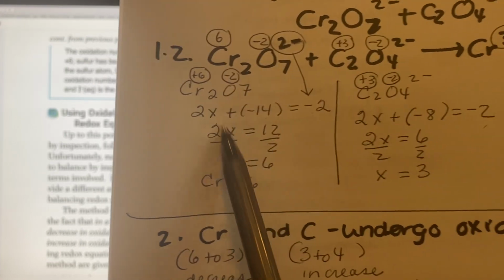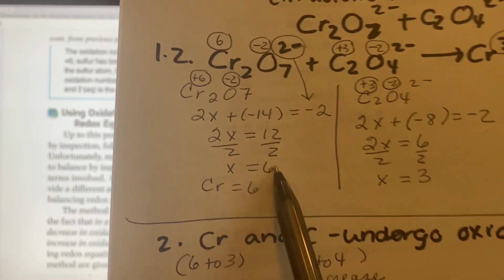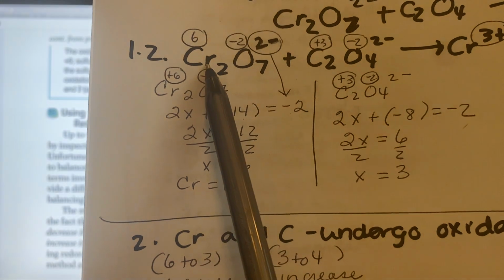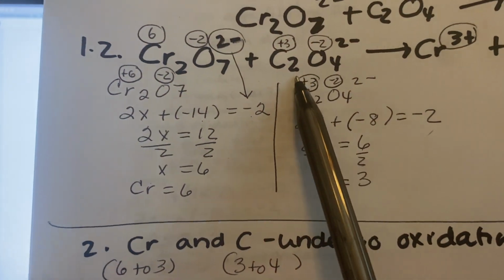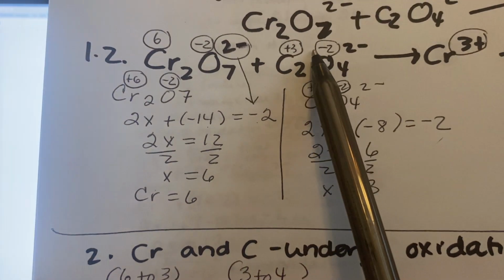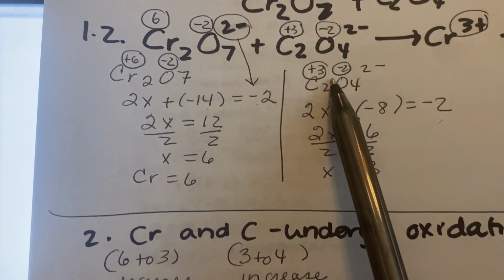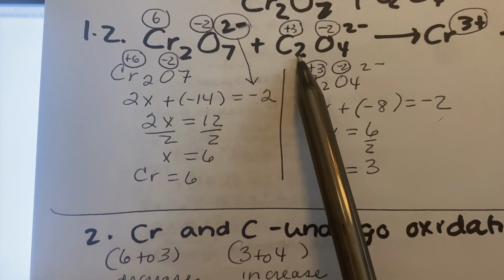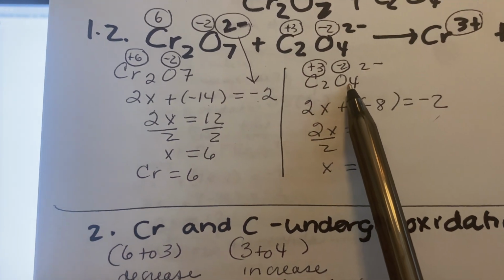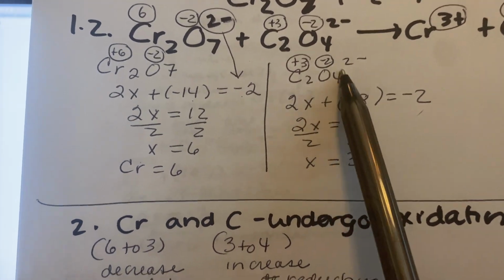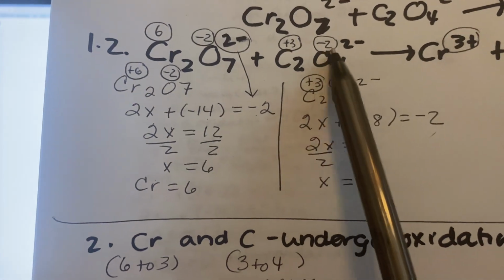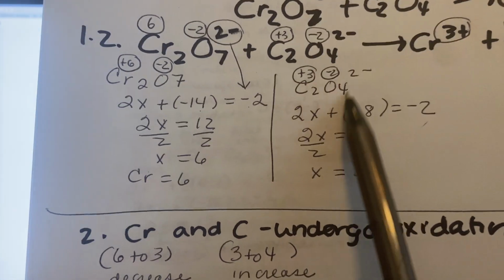But we already did this in another problem. So here we know that the chromium is 6. The same way with the carbon and oxygen here. Oxygen has a negative 2 charge, and we don't know what the carbon is. With a negative 2 charge, these have to add together to get the overall charge of negative 2.